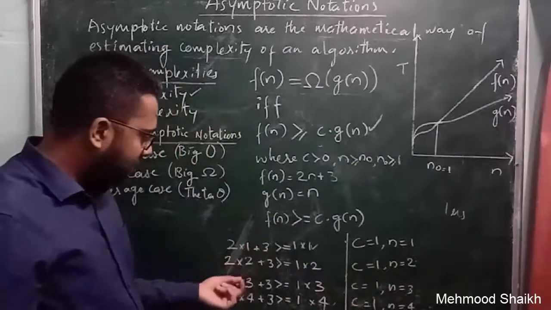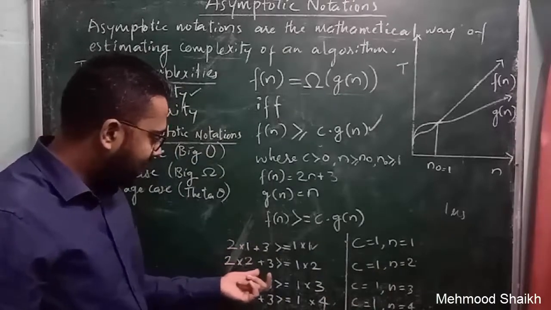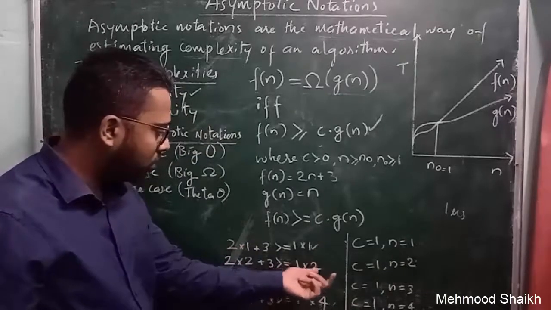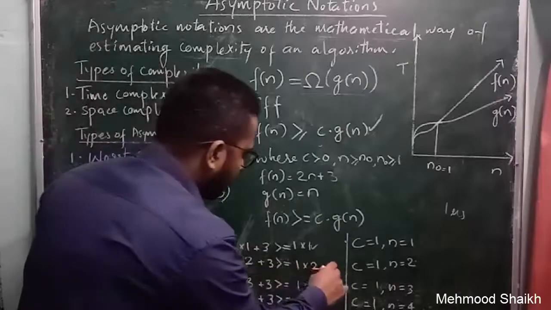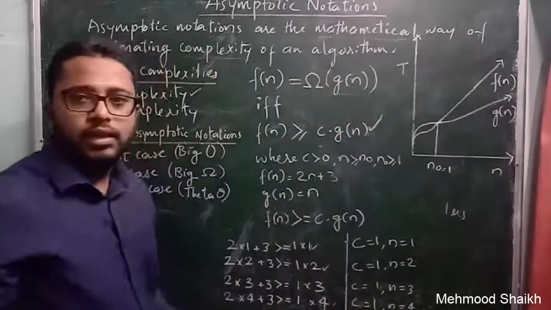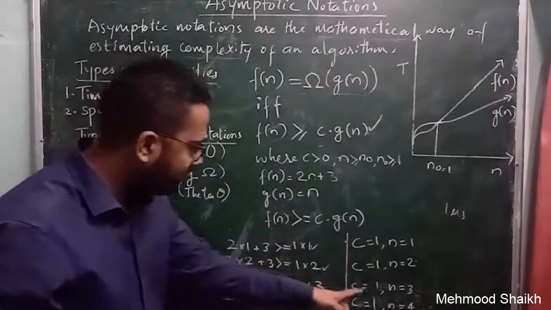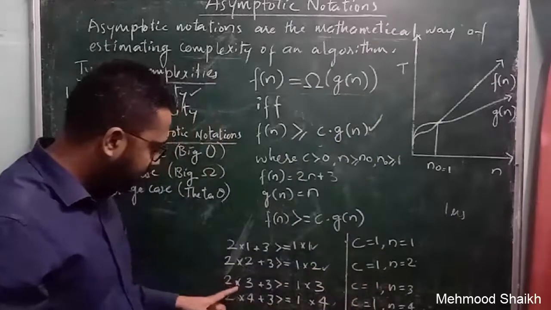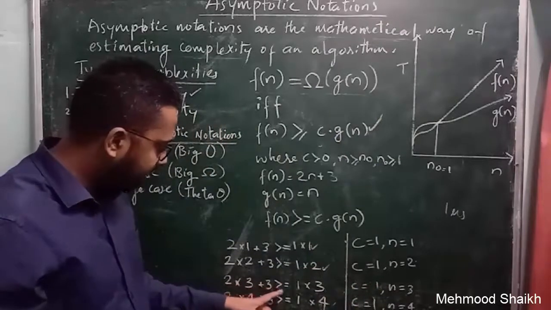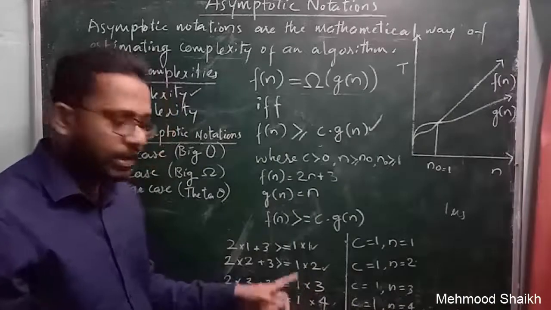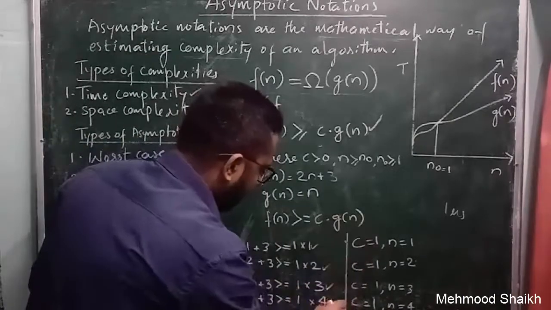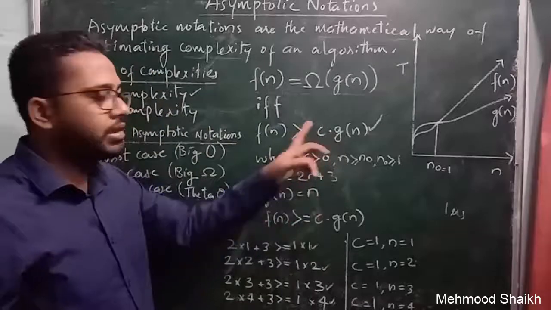If I put these values in this expression, 7 is greater than or equal to 2. Yes, this one is also satisfying this equation. And now if I take c equals to 1 and n equals to 3, you can see 9 is greater than or equal to 3. Yes, this one is also satisfying this expression.